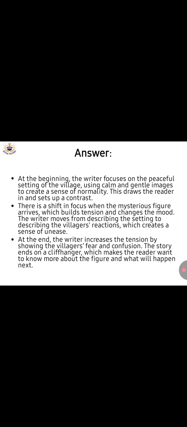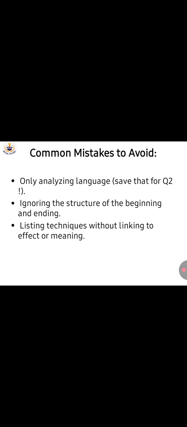At the end, the writer increases the tension by showing the villagers' fear and confusion. The story ends on a cliffhanger, which makes the reader want to know more about the figure and what will happen next.